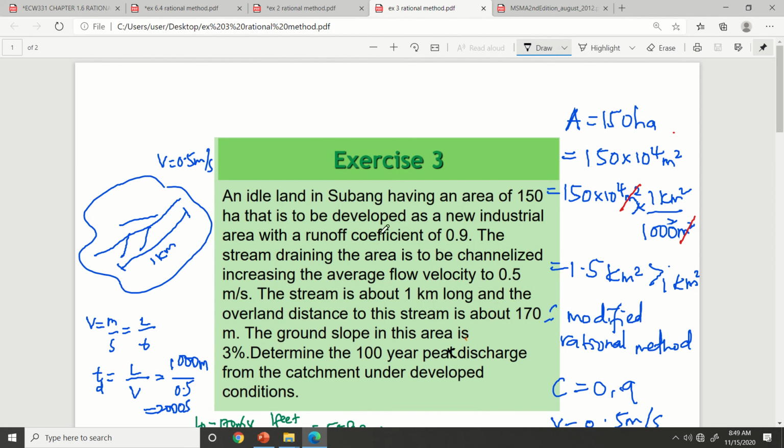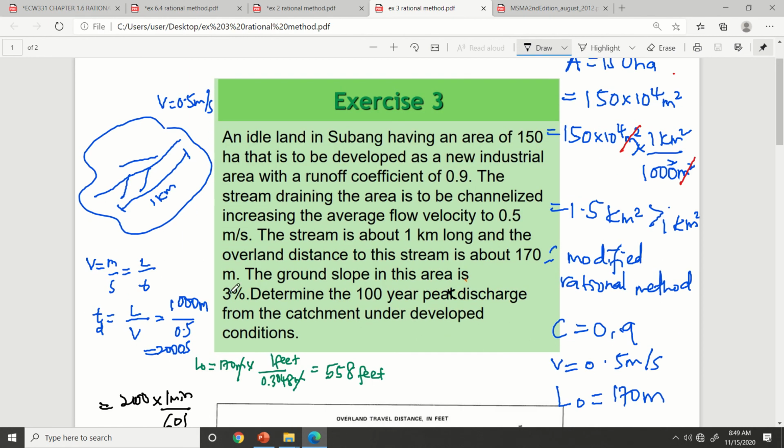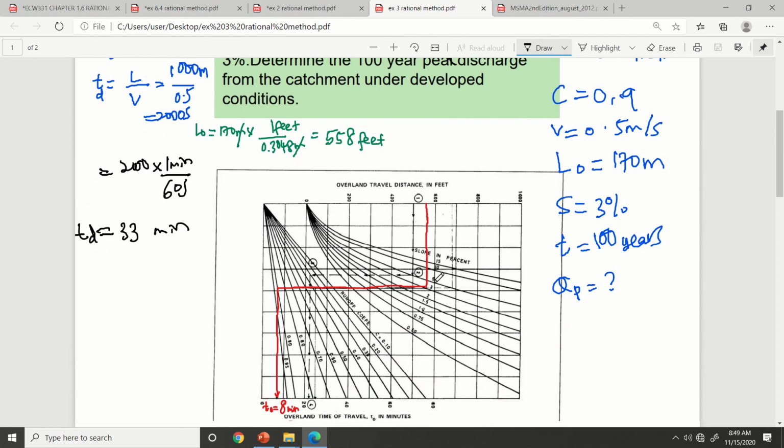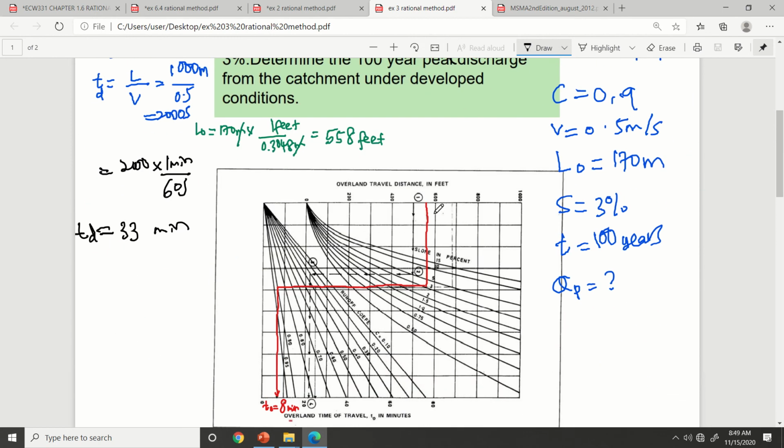Given in the question, runoff coefficient 0.95, flow velocity 0.5 meter per second, and the stream is 1 kilometer. The ground slope is 3%. It means 100 years peak discharge. So we have to find out T naught first.